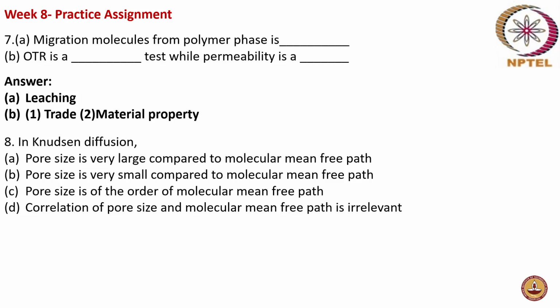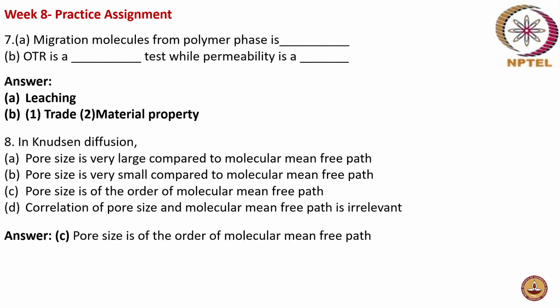Fourth option, ma'am. There is no correlation. Same. Is it? Okay, let's see what is the answer. It is actually in Knudsen diffusion, the pore size is of the order of the molecular mean free path. Okay?